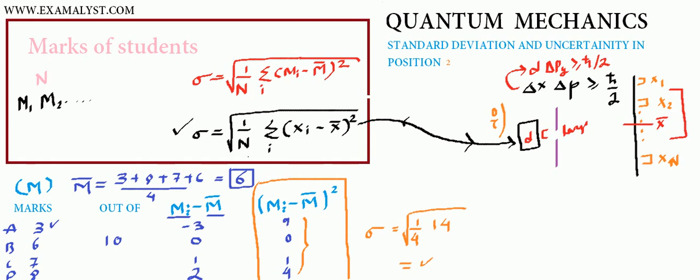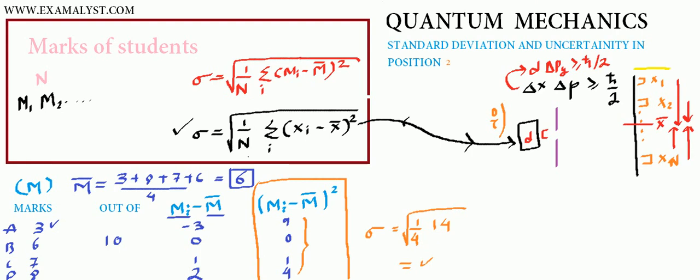So somehow what you can see is, what are you measuring? You are measuring the distance x1 from x bar. Then you are measuring x2 from x bar. On the other side, you are measuring xn from x bar. Then there will be an xn minus 1 from x bar. When you are measuring these numbers, indirectly you are actually measuring the spread.